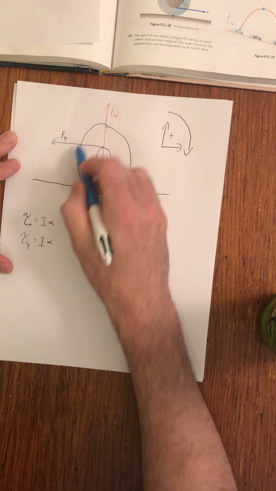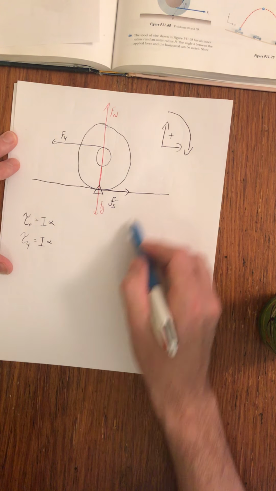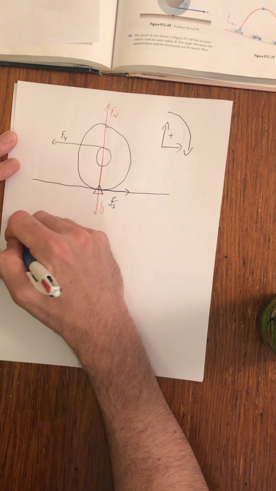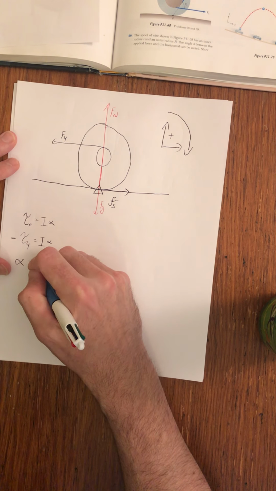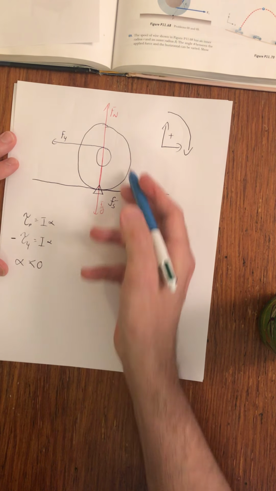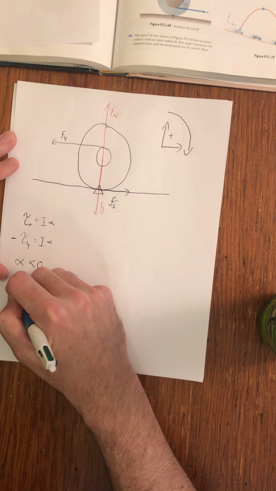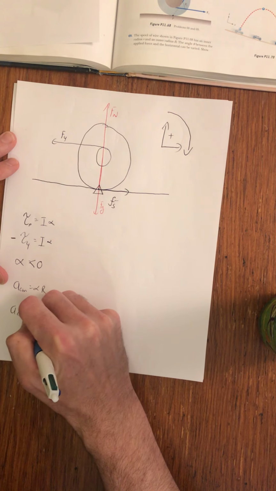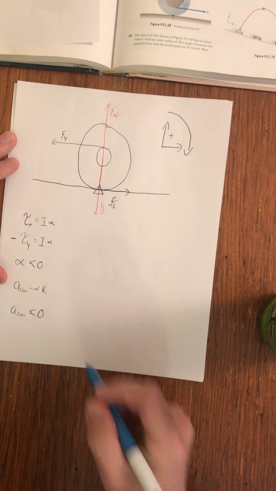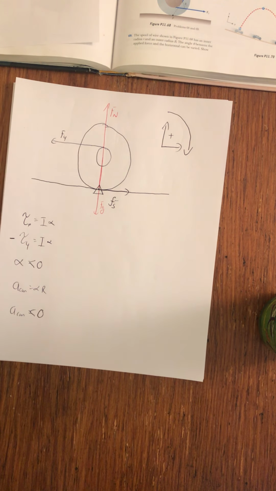This would get the object to rotate counterclockwise, so negative. Therefore, alpha is less than 0. By using the condition of pure rolling, a_COM equals alpha R, a_COM is less than 0 as well. This thing is going to start to rotate to the left.